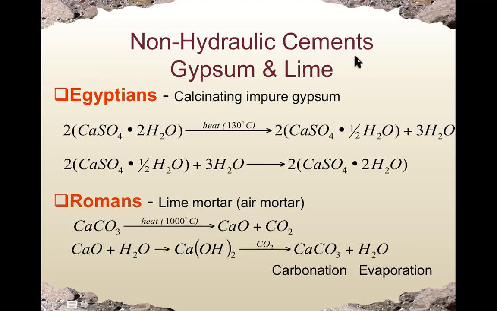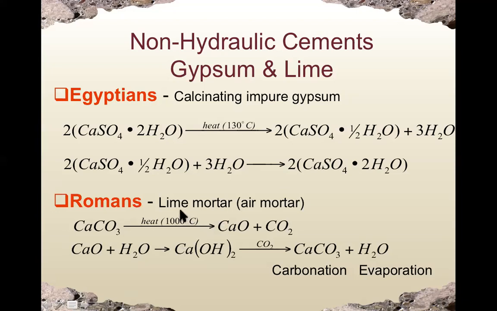Okay. And then they would grind this calcium sulfate hydrate into powder form and mix with water again, which is the second chemical reaction here, and then it will form gypsum again. Okay.